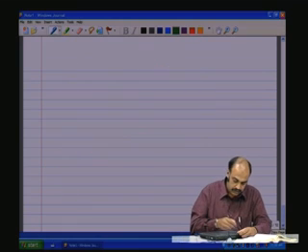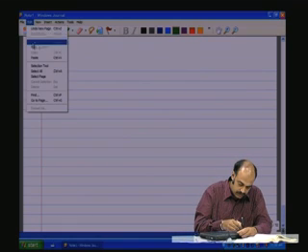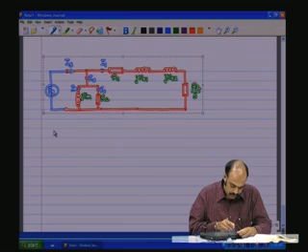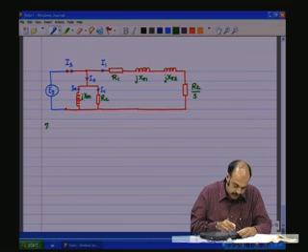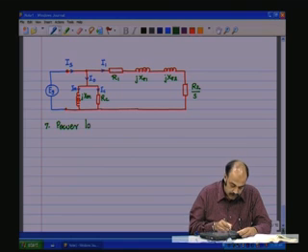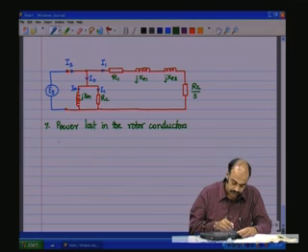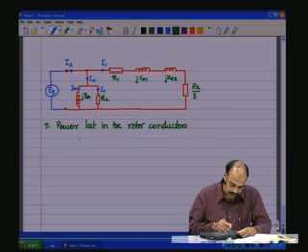Next, point 7 here now. The power dissipated in the rotor. Power lost in the rotor conductors is given by slip times PR.